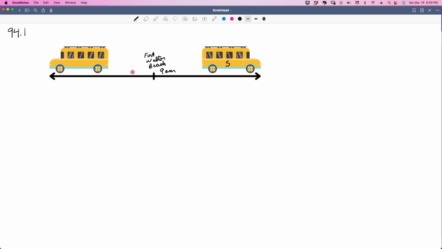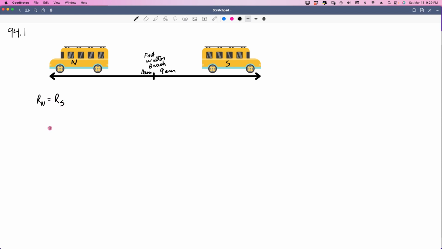Then 2 hours later, this bus left Fort Walton Beach. So 2 hours later would be 11 a.m., and he's headed north. He is a northbound bus. Now, if the buses traveled at the same rate, that tells us the rate of the north is equal to the rate of the south.